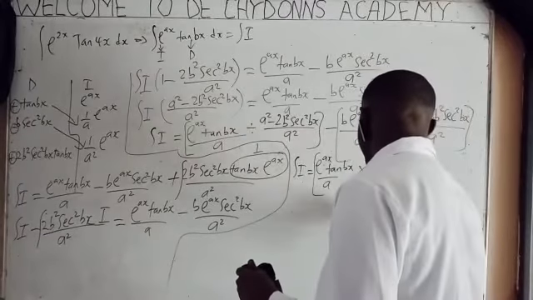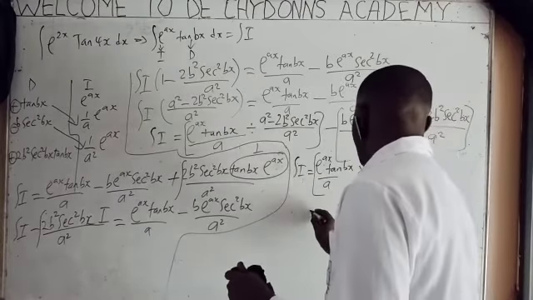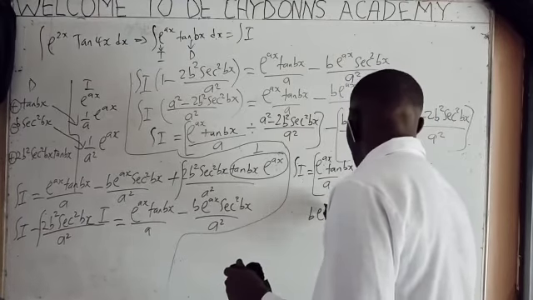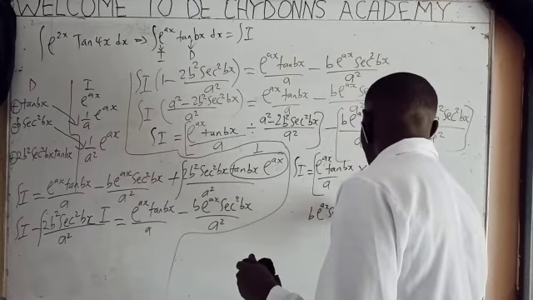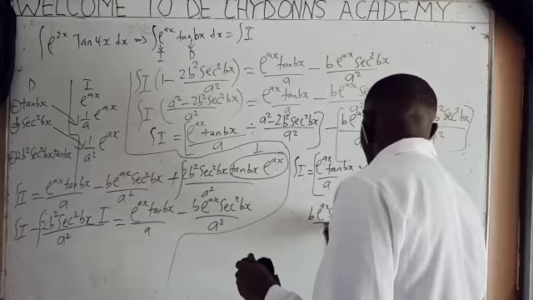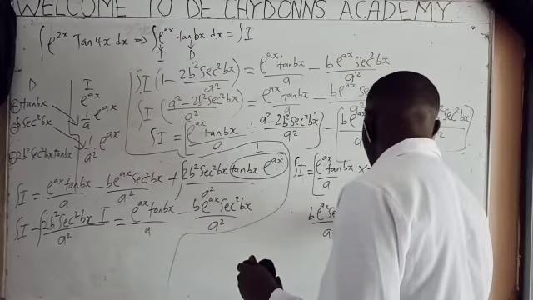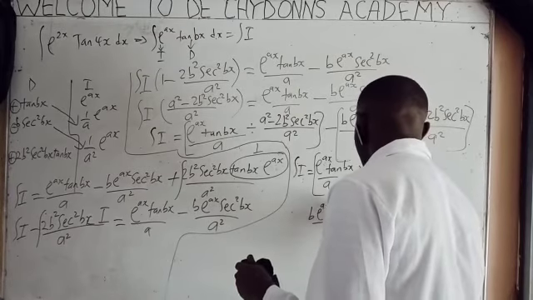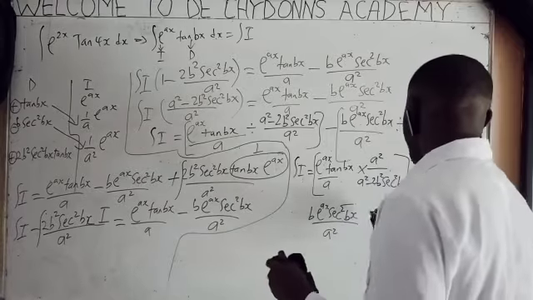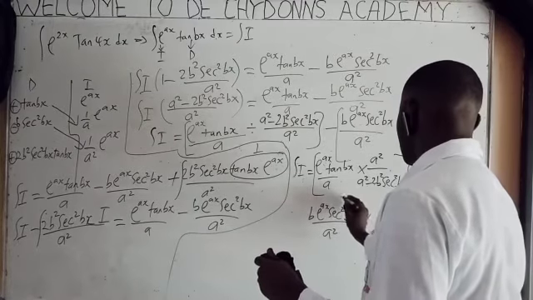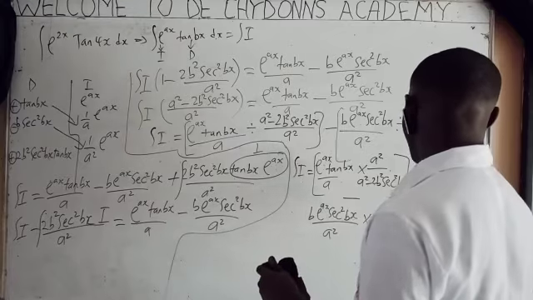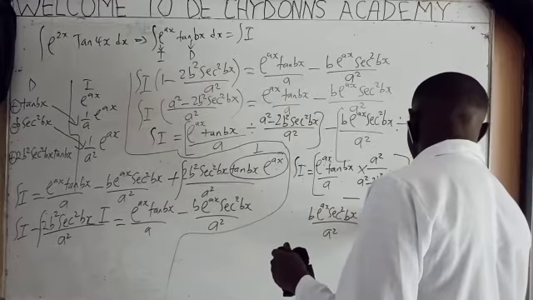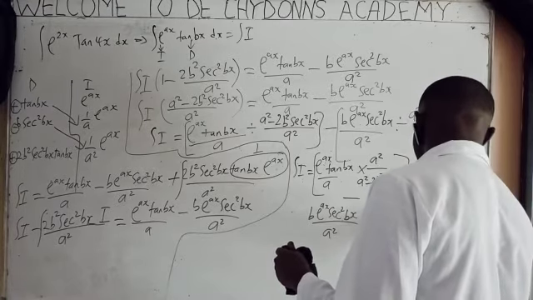Then I will now say minus, I will now write again b exponential ax sec square bx all over a squared, then times a squared all over a squared minus 2b squared sec squared bx.